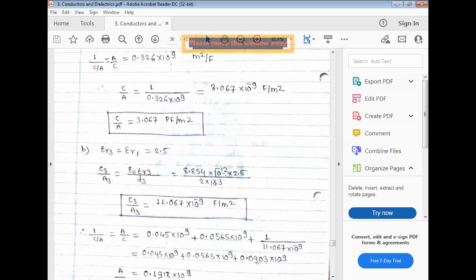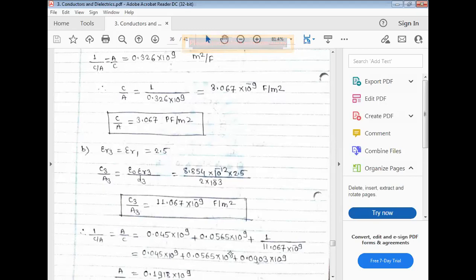Now epsilon 0 is constant, epsilon R3 is 2.5, and D3 means distance for the third layer is 2 mm, means it is 2 into 10 raised to minus 3. Okay, so C3 upon A3 is equal to 11.067 into 10 raised to minus 9 farad per meter square you are getting.